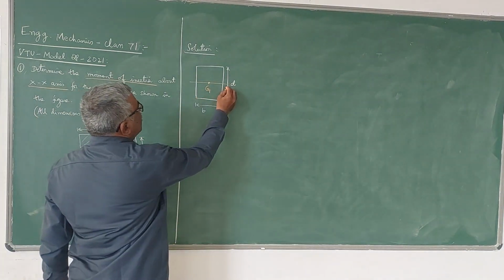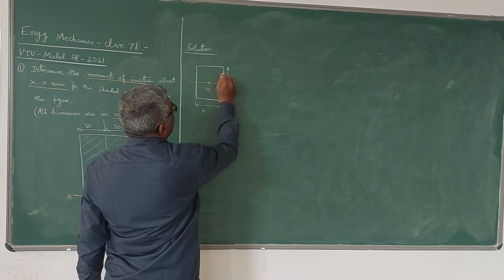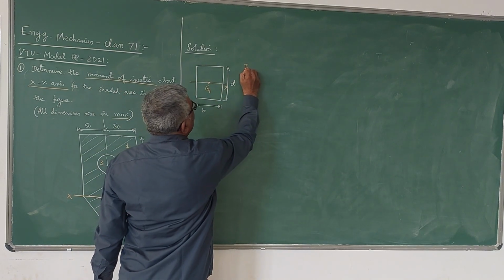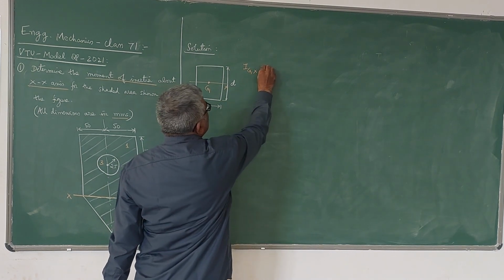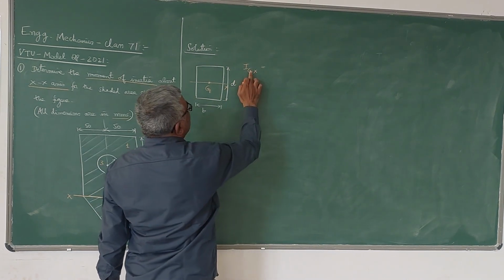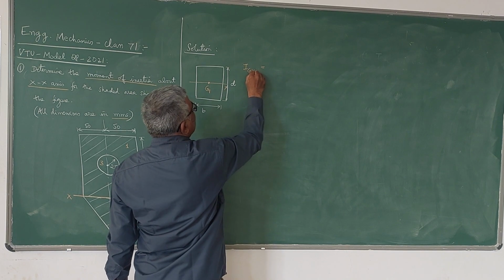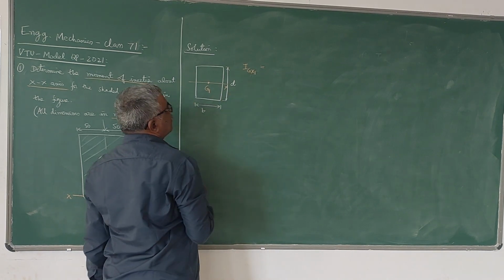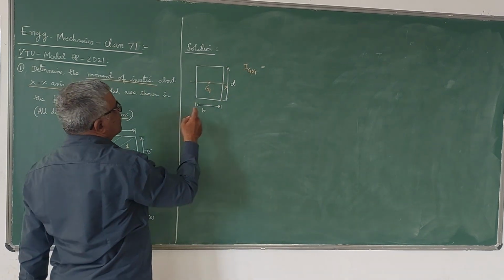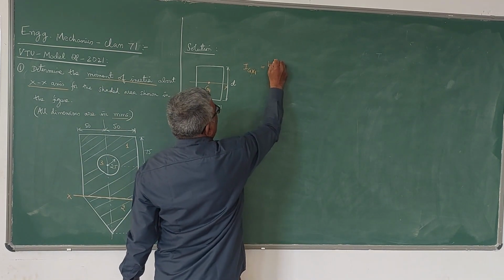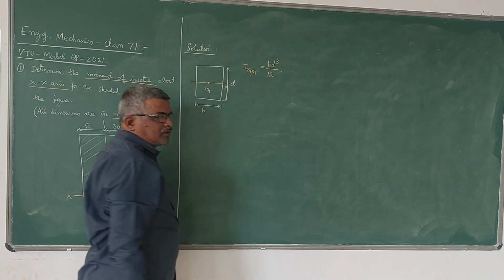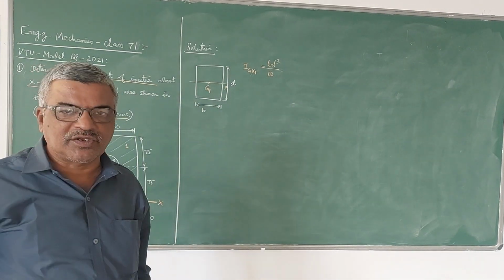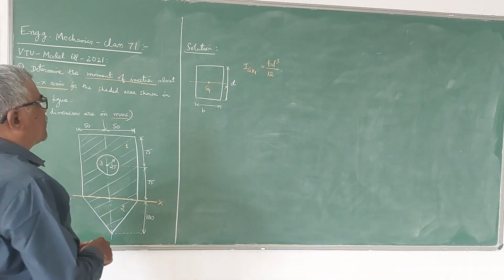If I want to write this, I can write it as Igx1. So like this I will formulate. So Igx1, you know that it is BD cube by 12. So this expression you should know. The moment of inertia expressions for standard sections you should know.